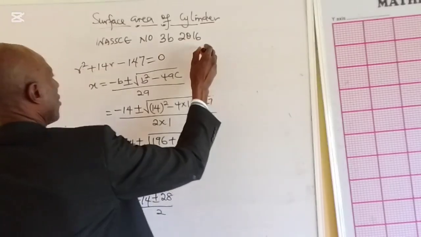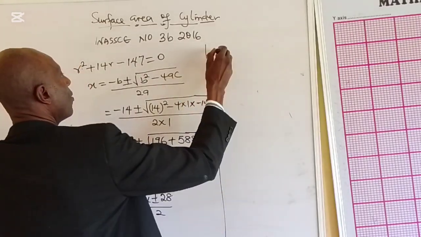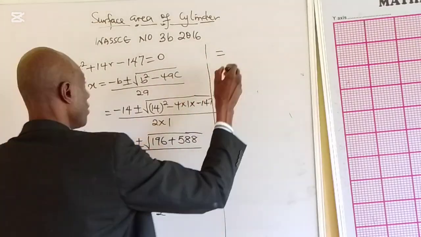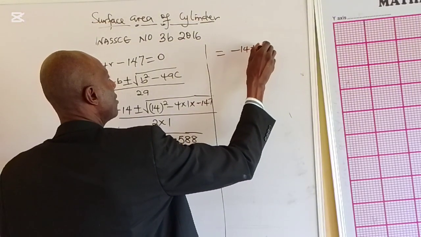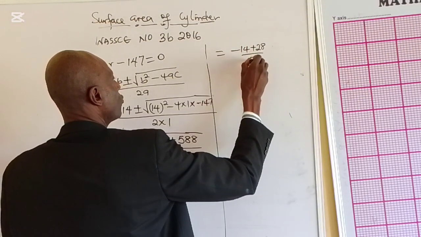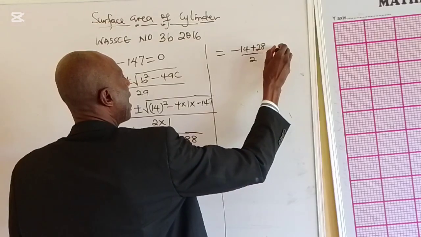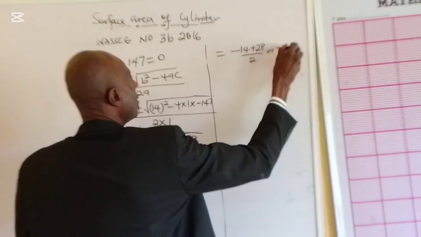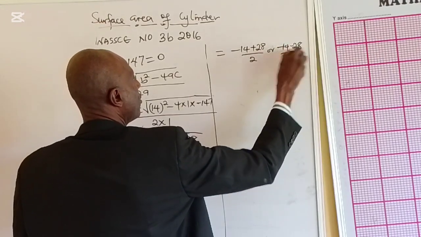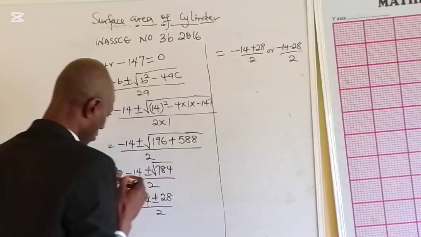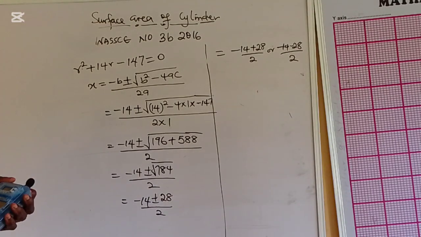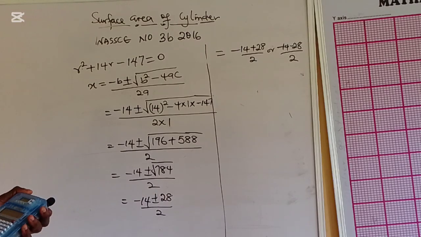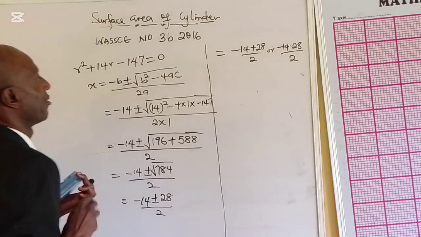So let's come to this other side, which is equal to minus 14 plus 28 over 2, or minus 14 minus 28 over 2. Now, what is minus 14 plus 28? It gives us 14.